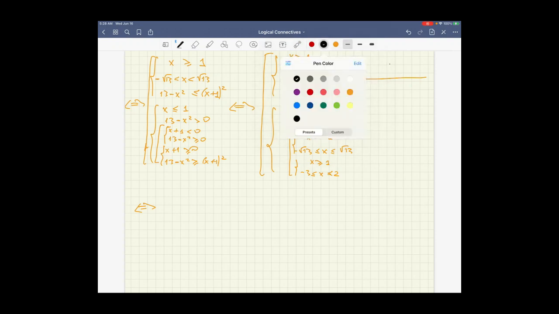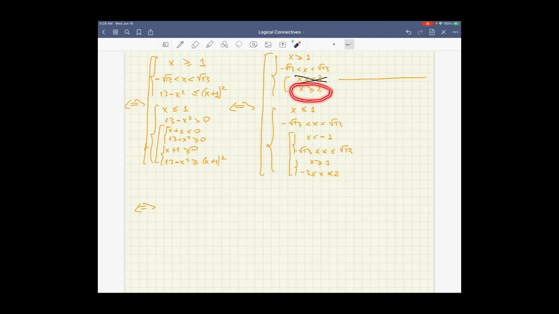Then it must be greater or equal than 2, which is stronger than greater or equal than 1. And it must be less than root 13. So the first system simply gives me that x is greater or equal than 2 and strictly less than root 13.